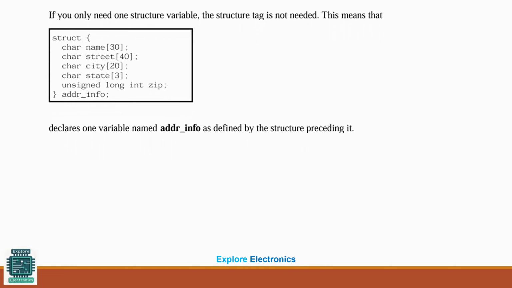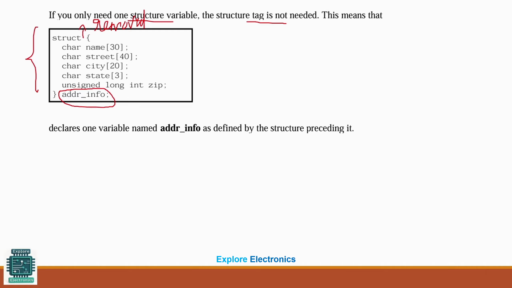Now, how to declare a structure if only one variable is present? Let us see with an example. See here, if you need only one structure variable, the structure tag is not needed. Here is an example where only one variable is used. You can observe over here, that is address information, only one variable, and here the structure tag is removed. That's why I'm writing removed.